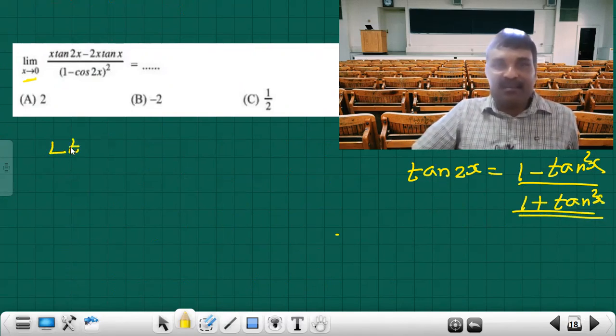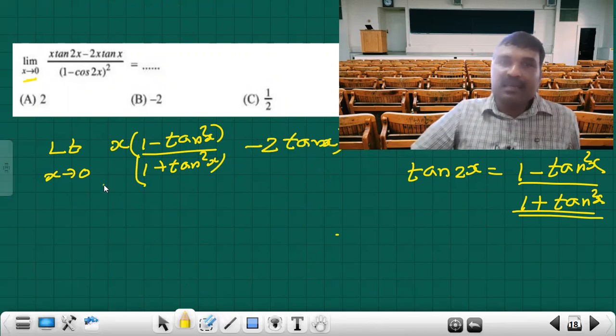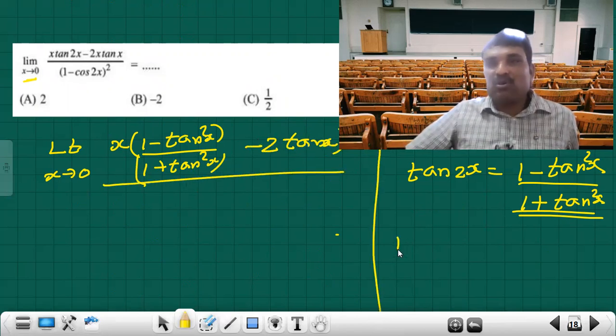Now we can apply the limit. So limit x tends to 0, x into 1 minus tan square x divided by 1 plus tan square x, right? Then 1 plus tan square x minus 2 tan x divided by 1 minus cos 2x.